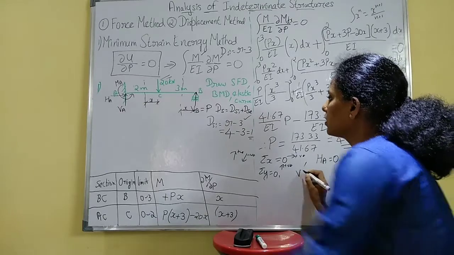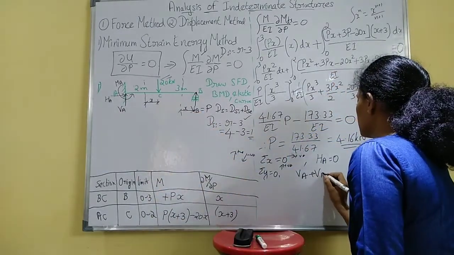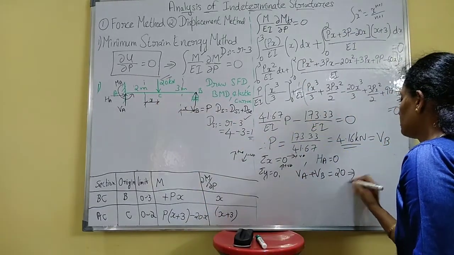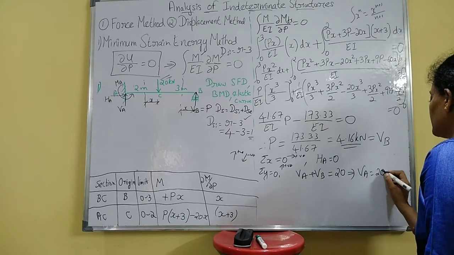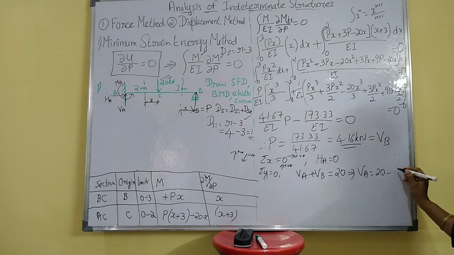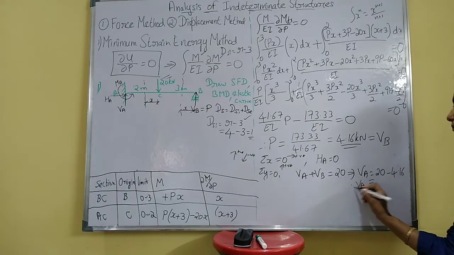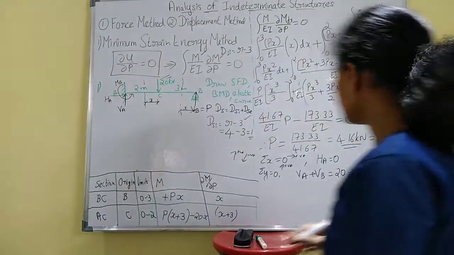So you have VA plus VB equal to 20, which implies you know now VB, so you can find out VA, that is 20 minus VB. Take VB as 4.16. Find out VA. VA will be 15.84 kilonewton.